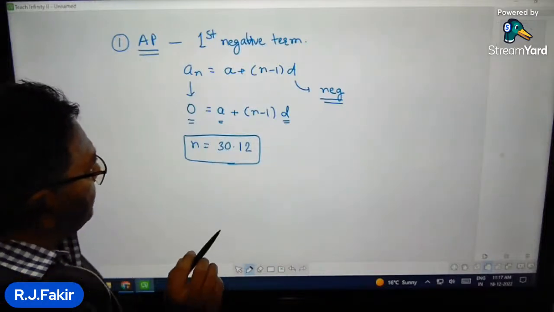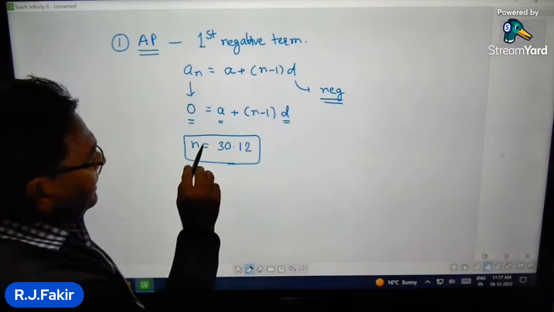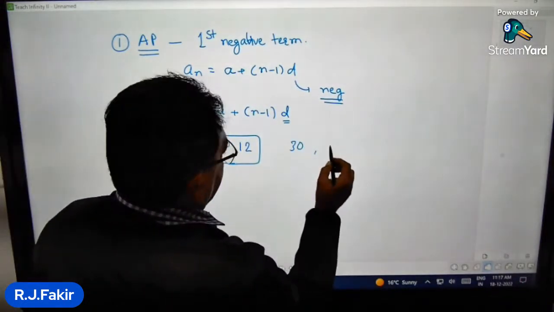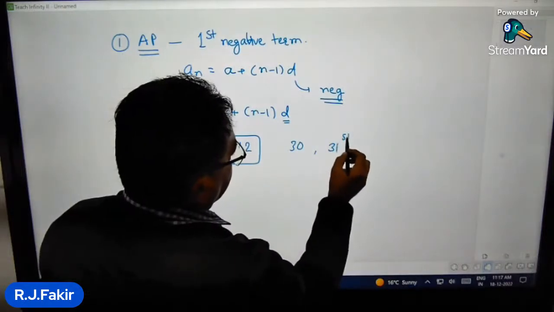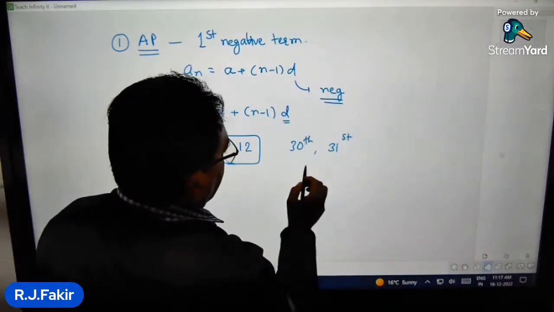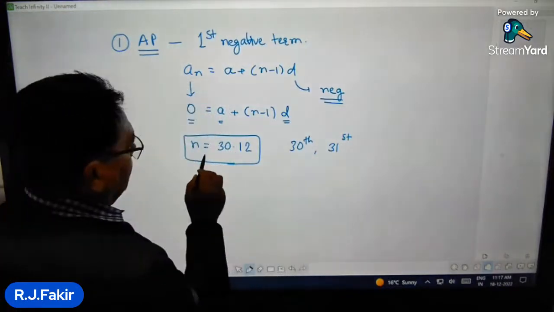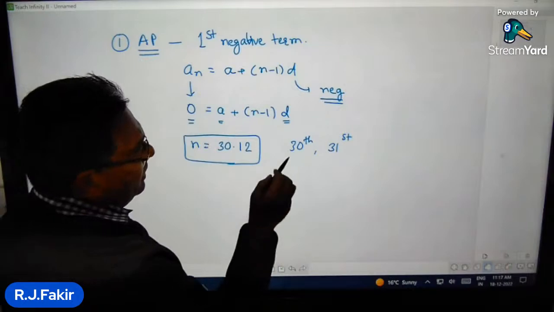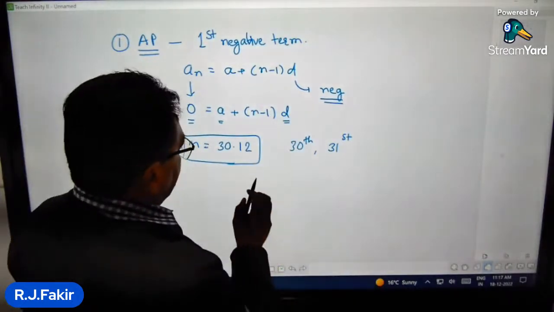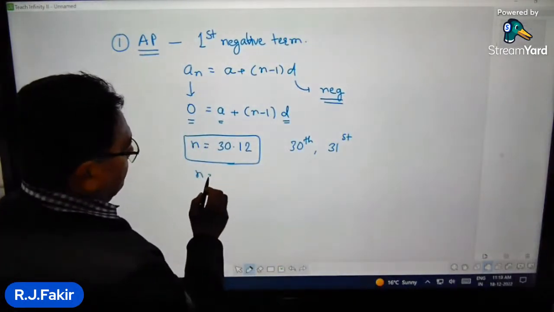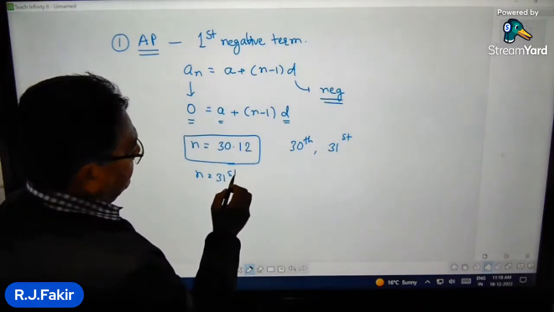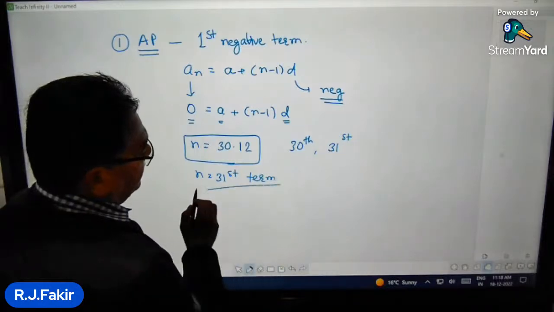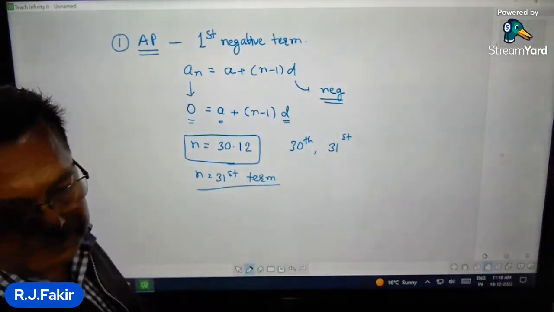But we are sure that this 0 is somewhere between the 30th term and the 31st term. As the common difference is negative, surely the 31st term is going to be the first negative term of this AP.